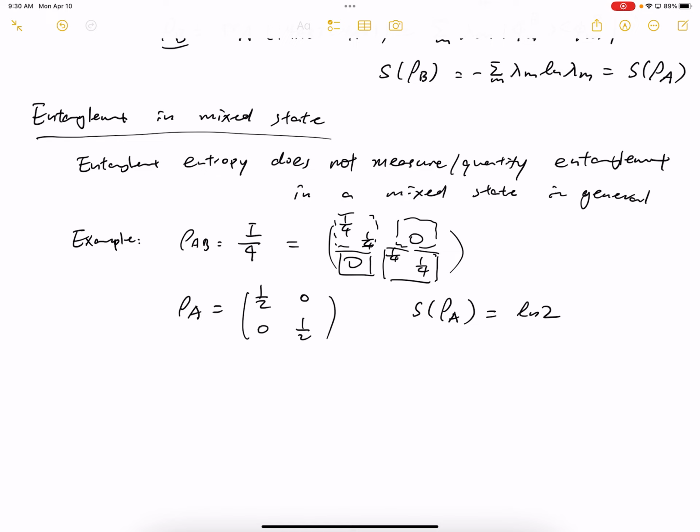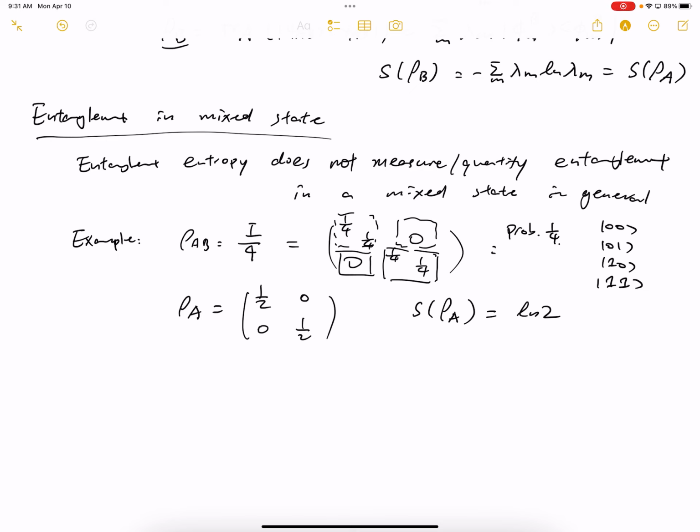But this is apparently wrong, because this rho AB is given by the identity matrix, and an identity matrix basically means the state is completely mixed. It should not contain any entanglement. One way to think about it: suppose I use the computational basis. This state means I have exactly a probability of a quarter to be in the state 00, 01, 10, or 11.